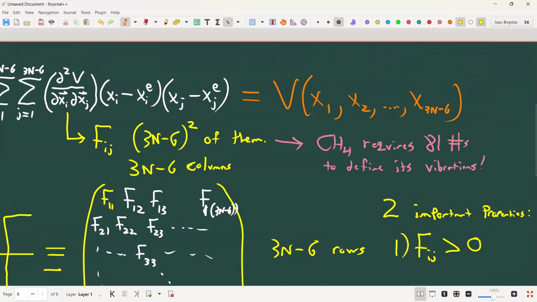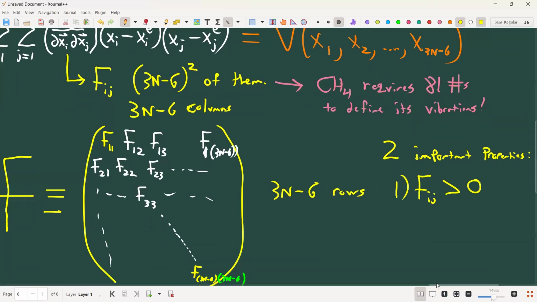When you have a second derivative of a multivariable function, that's a derivative of 2 different variables. Say this is f of x and y. The second derivative of f with respect to x and y is the same as the derivative with respect to y and x. I can just flip the indices. They're symmetric. This is probably something you learned in Calc 3.